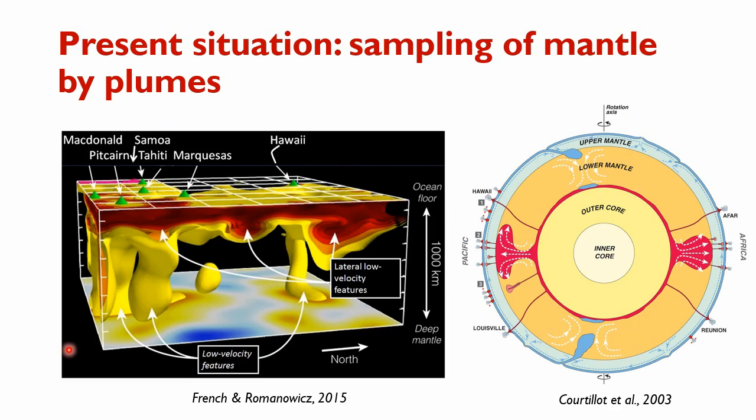So this is the present situation where we sample the mantle by plumes. On the left side here is a very nice figure from French and Romanowicz, published in 2015, where they show that volcanoes that occur at the surface of the ocean here in the Pacific actually have their origin in some kind of roots that can go pretty deep down into the mantle.